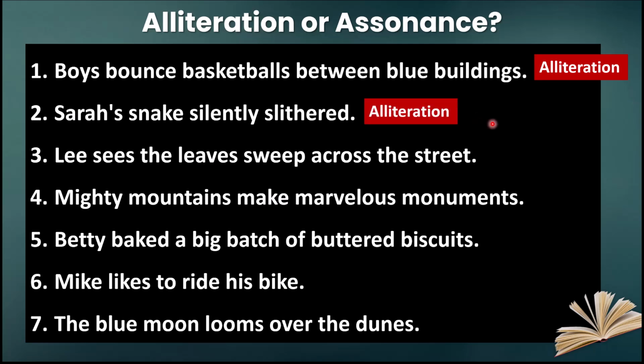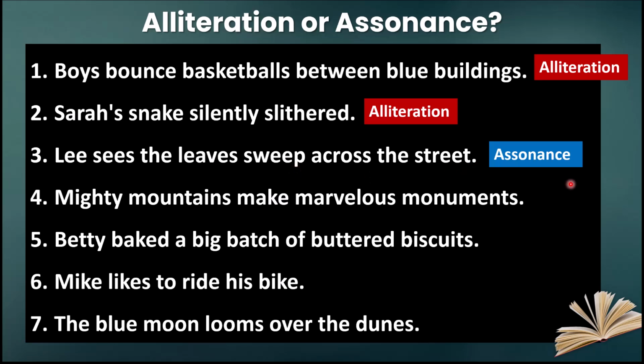The words in this sentence begin with the consonant S and have the S sound. Now, number 3 is an example of assonance. Now, what vowel sound are we seeing repeated in this sentence? The long E sound. Lee, see, leaves, sweep, street.